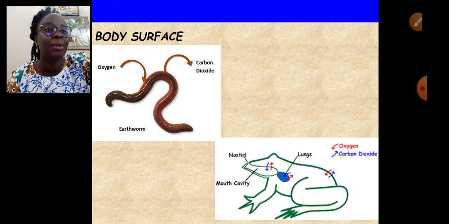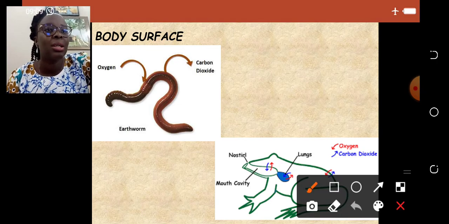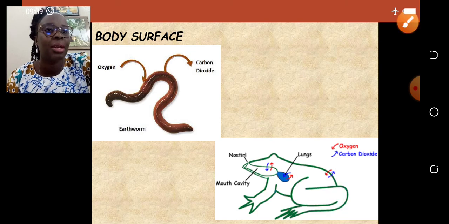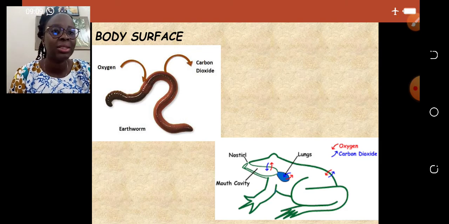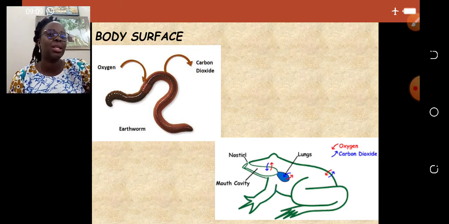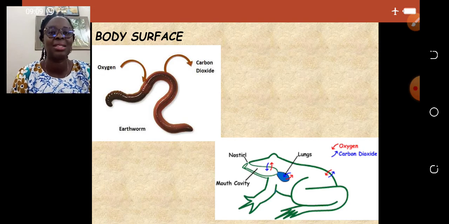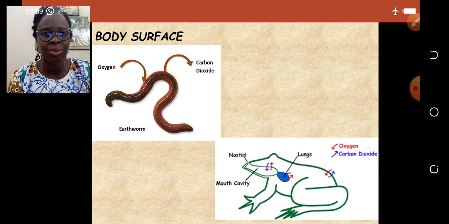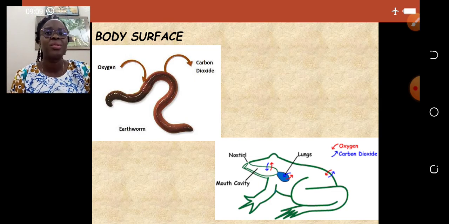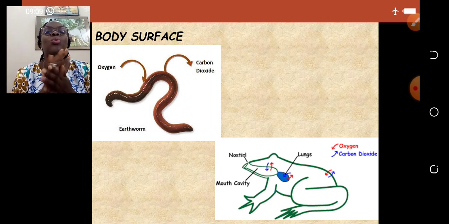You can see the arrow here, the red bringing in oxygen and the blue taking out carbon dioxide via the skin of the toad. Now when you look at the earthworm very closely, anywhere you see your earthworm, the body is always wet.